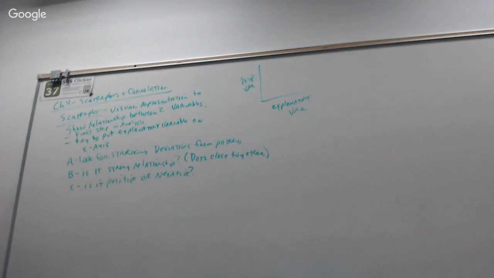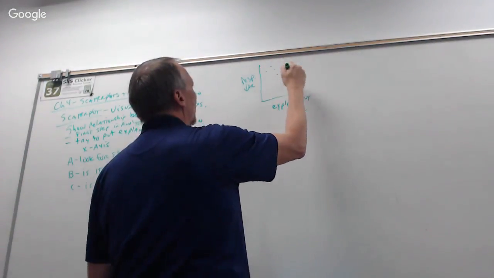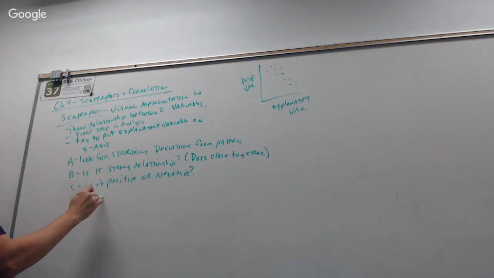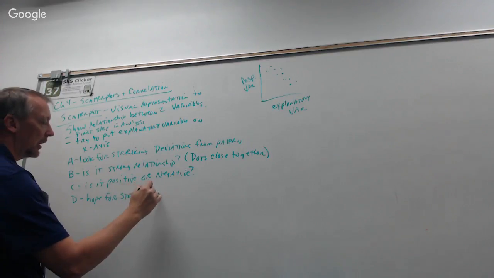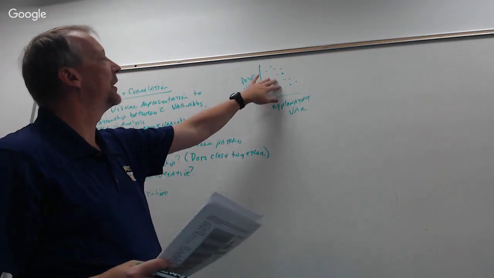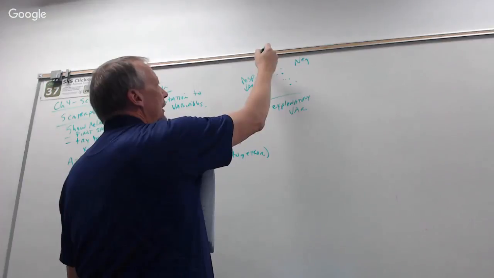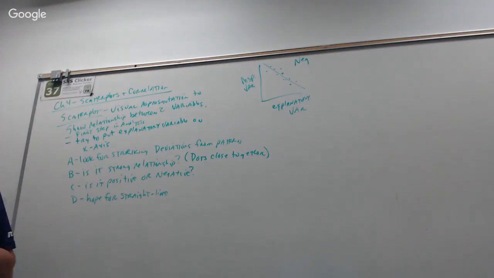Now, so let's say, okay, and the idea here is you're looking for, I'm going to add it here, we hope for a straight line, okay? So the idea here is, this would be an example of negative correlation. You could draw a line through these dots that would match that pretty well. Does that make sense? Okay.